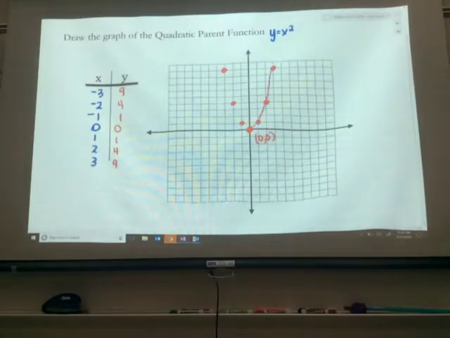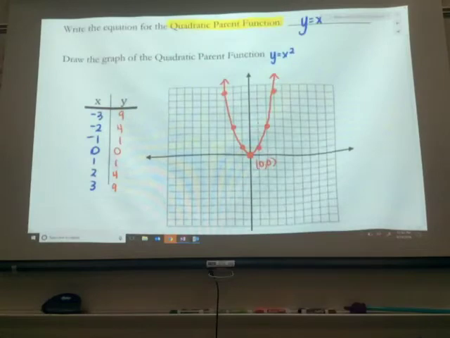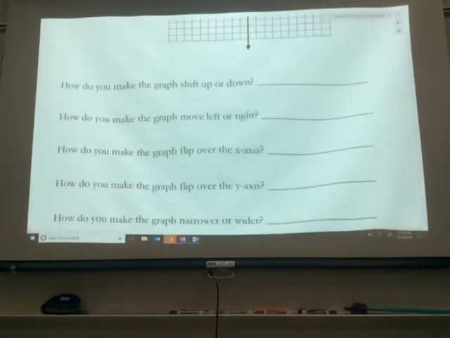And I'm going to connect the dots. Ultimately, everything on your STAR test is going to usually be compared to your parent function. So as long as you remember your quadratic parent function is y equals x squared, you can always type that into your y equals screen, look at the graph, and then compare to what happens.